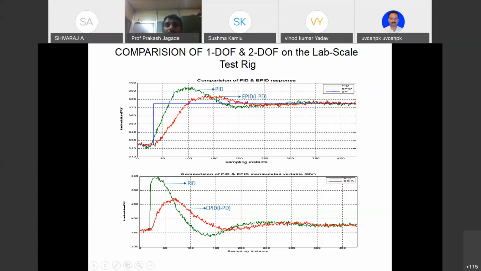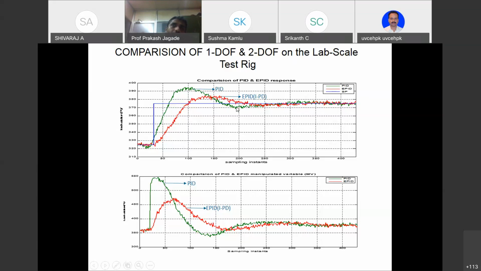And if you see the settling time, more or less both are reaching the set point, that means your process variable is reaching the set point almost at the same time instant. So the advantage of an IPD controller structure is that it is able to minimize the overshoot, and at the same time, both the conventional single degree of freedom PID controller and the 2 degrees of freedom PID controller approach the set point almost at the same time.